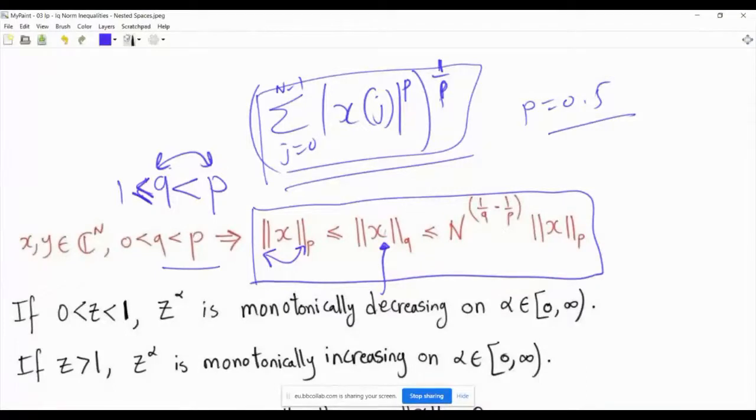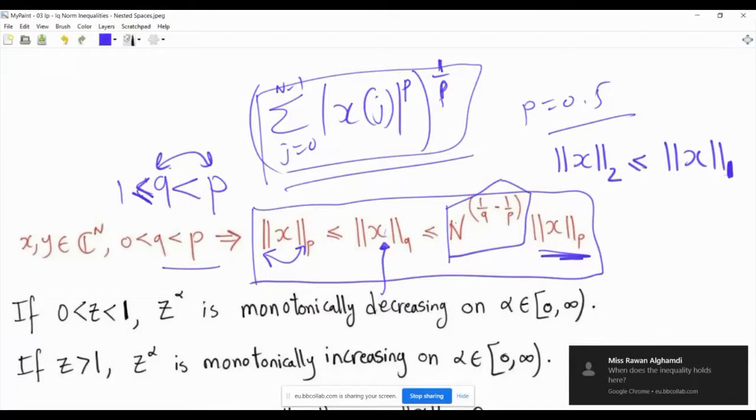For example, the L2 norm of a vector is always less than or equal to the L1 norm of a vector. And there is a nice relationship that the LQ norm itself is less than the LP norm multiplied by this quantity here.